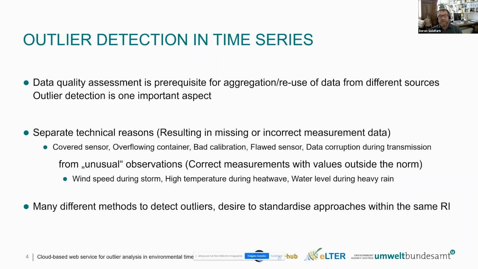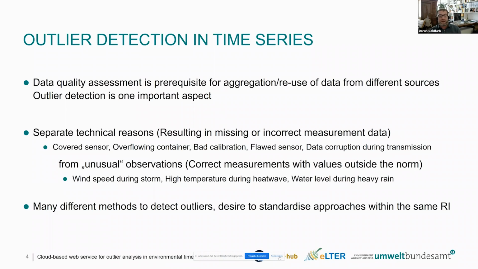And here we should probably say that it's very important to separate technical reasons for having outliers, so when the measurement is incorrect or simply not taking place due to covered sensors, overflowing containers, bad calibration, and so on, from outliers that are based on unusual events or observations, such as high wind speed or high temperature during specific environmental situations.